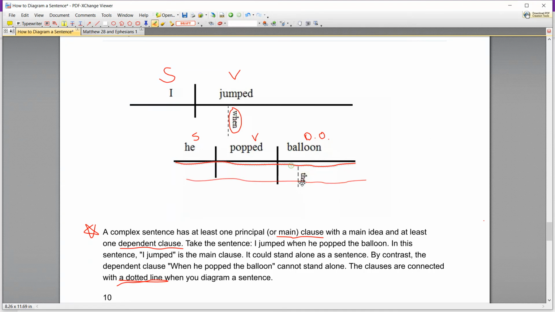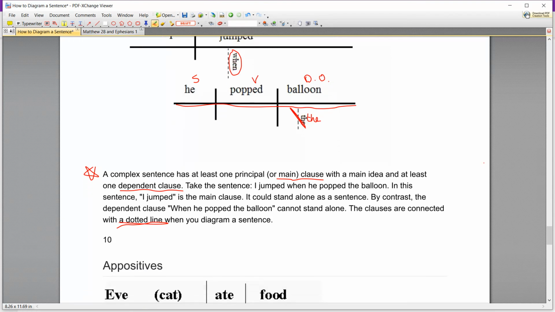So it has to be a diagonal line, and then write the. So, I jumped when he popped the balloon. What balloon? The balloon. The definite article adds more information to that balloon, the balloon.